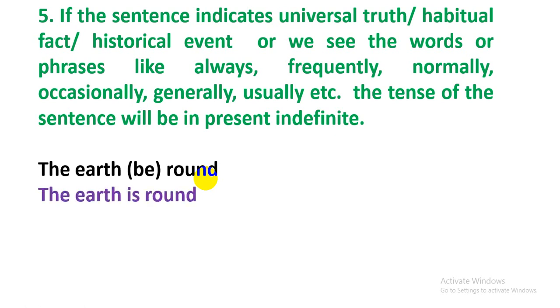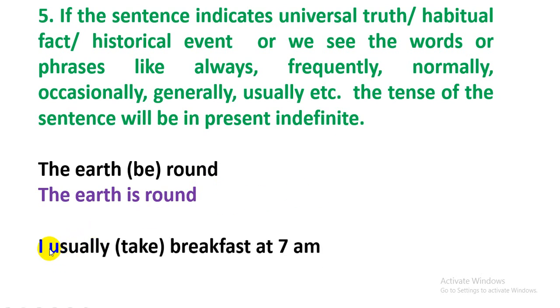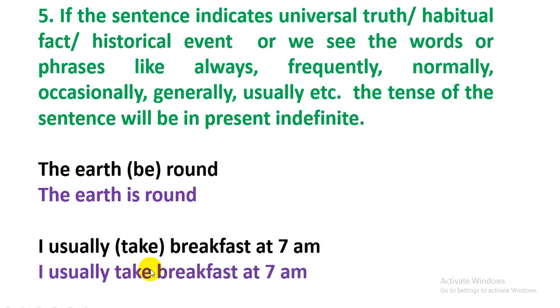Answer, the earth is round. I usually take breakfast at 7 a.m. Answer, I usually take breakfast at 7 a.m. It is a habitual fact, and this is an example of universal truth.